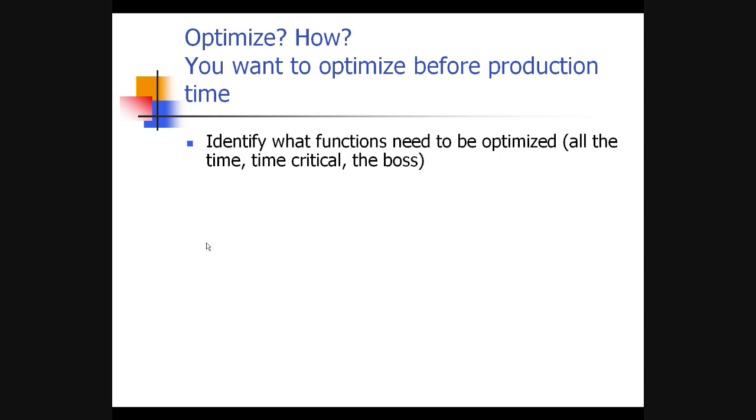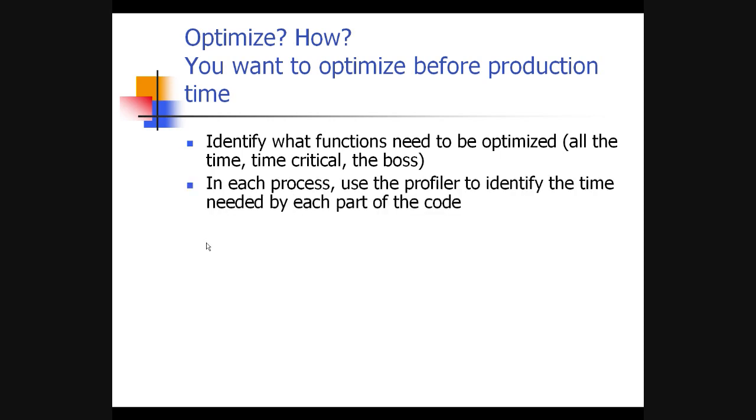Those are the three things that you have to look at, in that order, if possible. In each process that you identify, big processes like invoicing that you identify as being extremely important, use the profiler to identify the time needed by each part of the code.